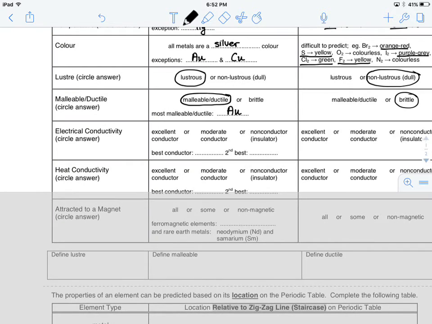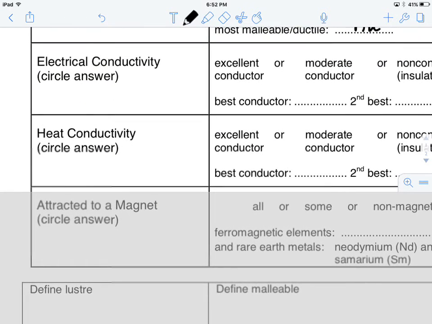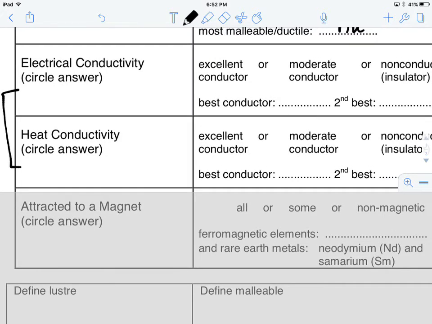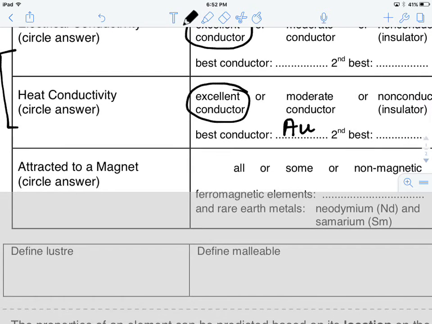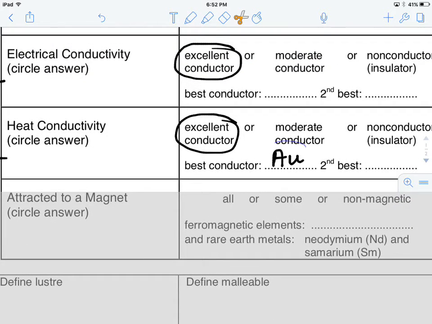Electrical conductivity and heat conductivity, these go together. Metals are excellent conductors of electricity, and they're excellent conductors of heat. Okay, the best conductor, we have to be careful here.